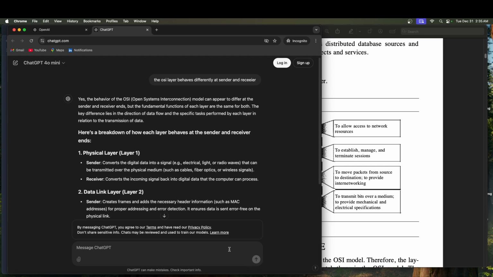Let's start. The physical layer at the sender does digital to electrical conversion, and at the receiver it is vice versa.